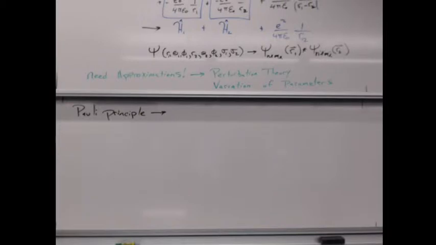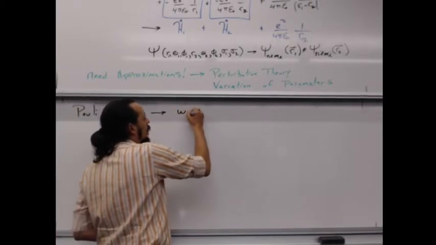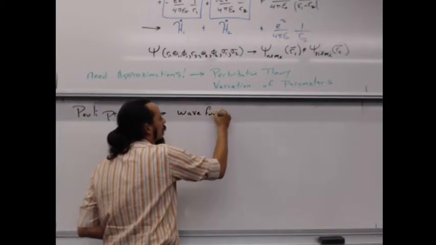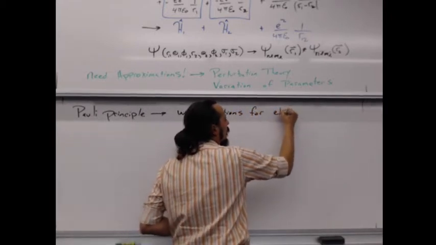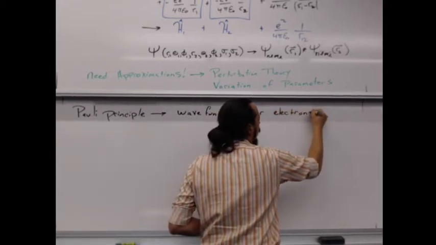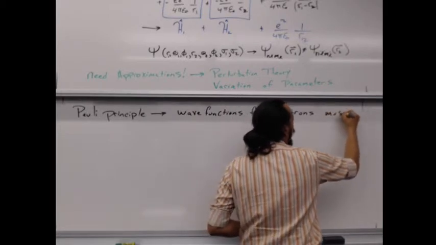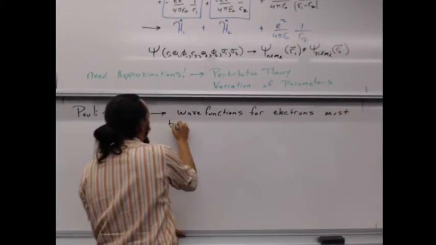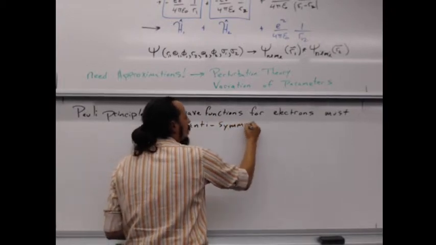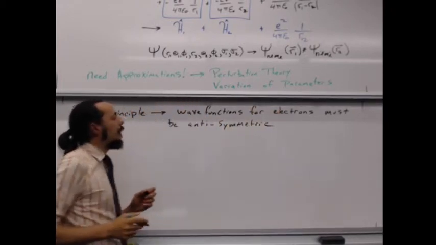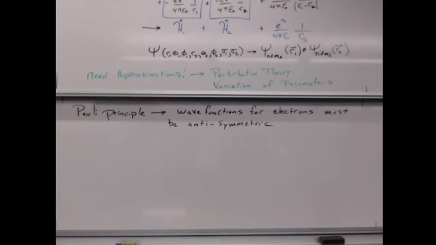And what it says is, wave functions for electrons must be antisymmetric.